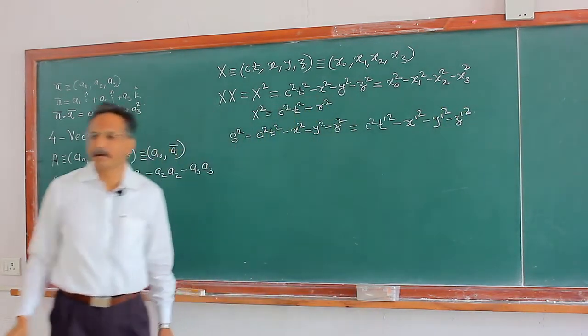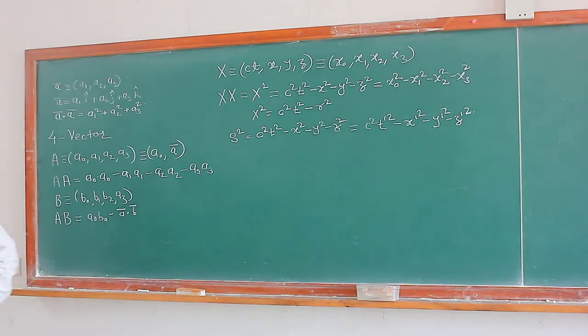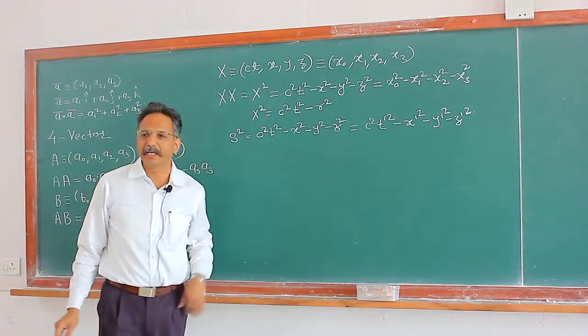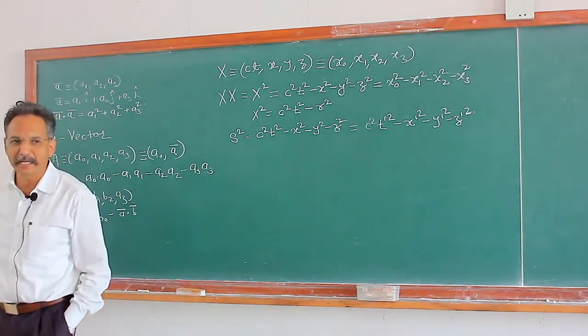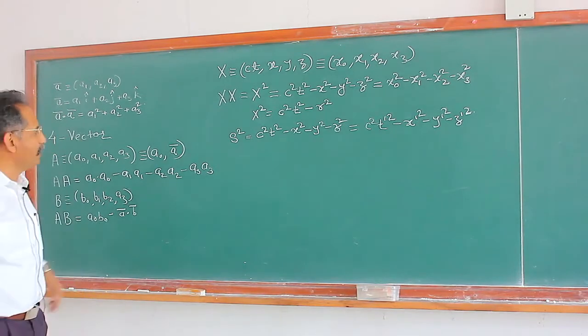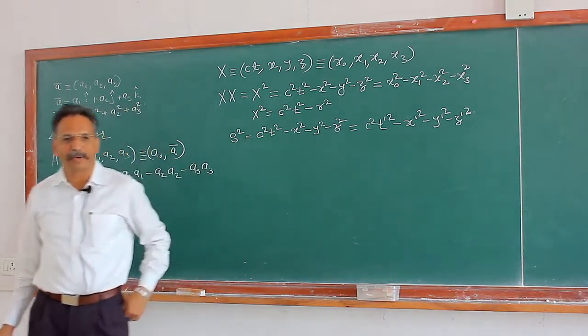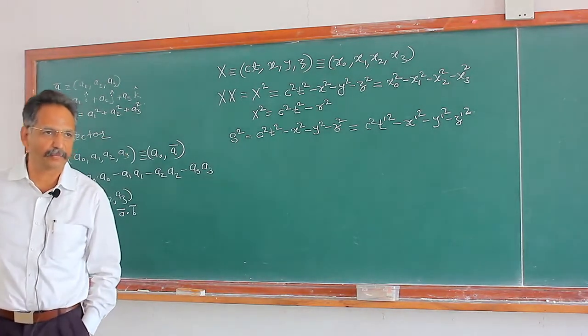Now those who are conversant with special relativity know what the invariant quantity is. It is called the interval, and that interval is defined by c square t square minus x square minus y square minus z square.